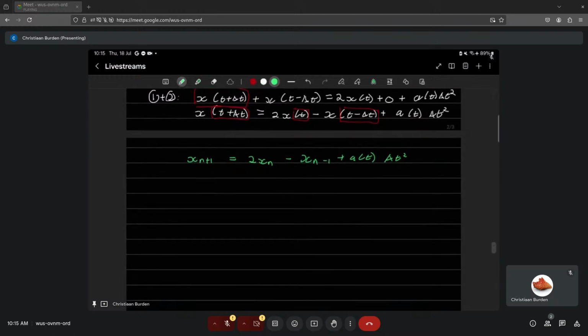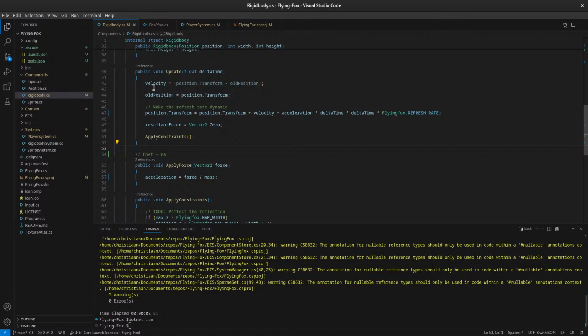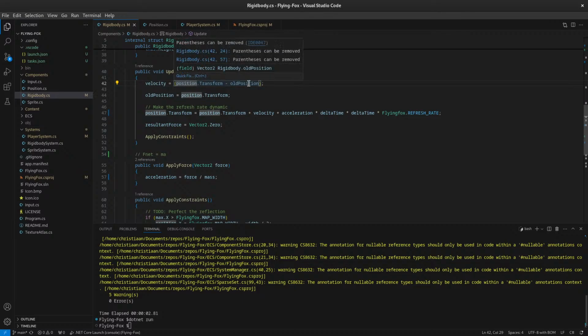If you look in the code we currently have, put that on our screen, go to the rigid body class, you can see we say velocity is equal to transform the new position, or the current position, minus the old position.